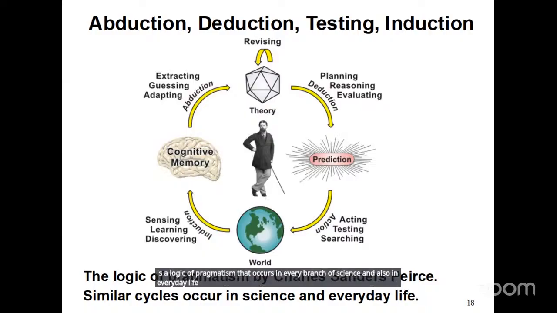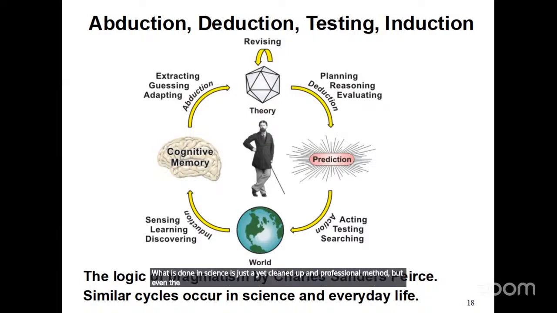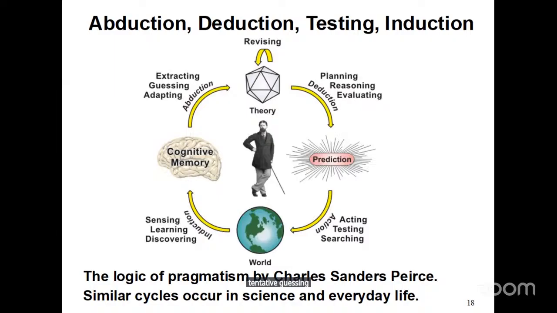We're constantly using this kind of reasoning, and what is done in science is just a cleaned up and professional method. But even the scientists themselves, in their initial stages, are doing the same kind of tentative guessing that humans do.